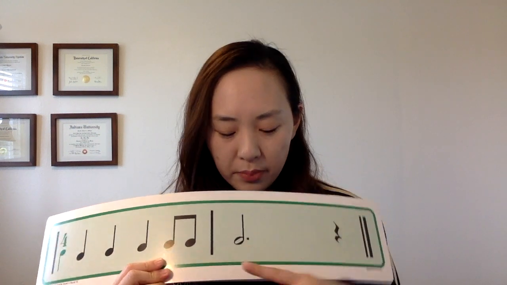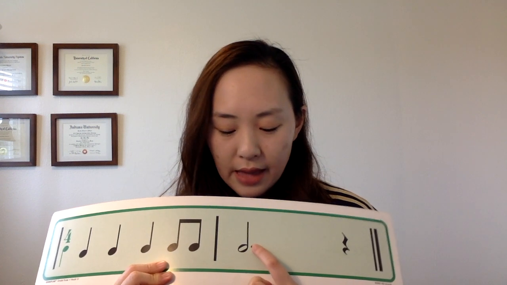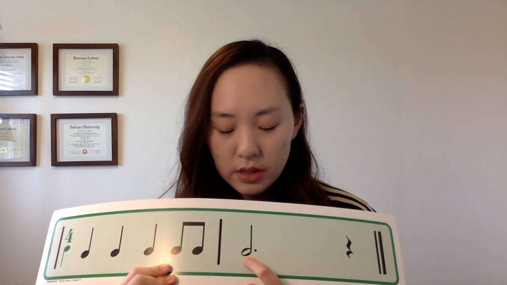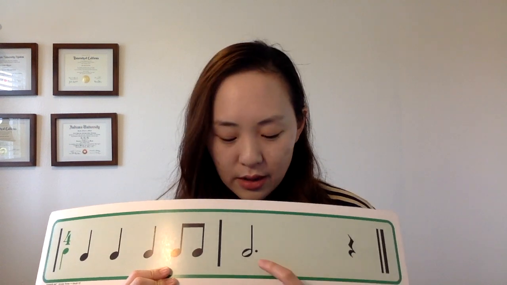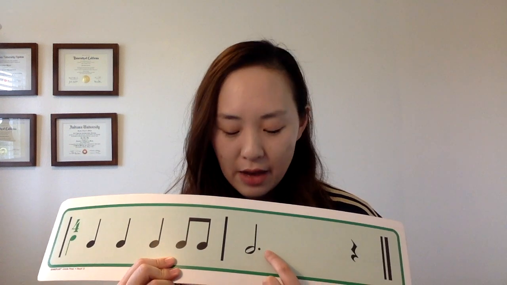You know that half note is 2 beats, right? The dot is basically adding half of what this note is. So what is half of 2? 1, right? So 2 plus 1 equals 3, okay? So that's what the dot stands for, okay? I'll explain more about this when we have other dotted rhythms, but for now, we just have dotted half note.